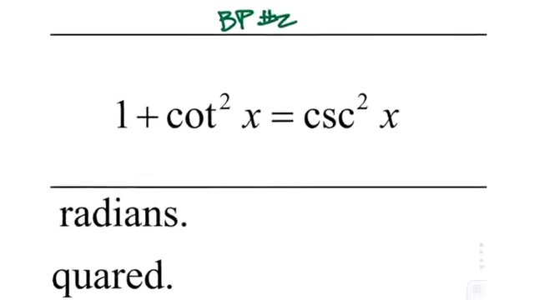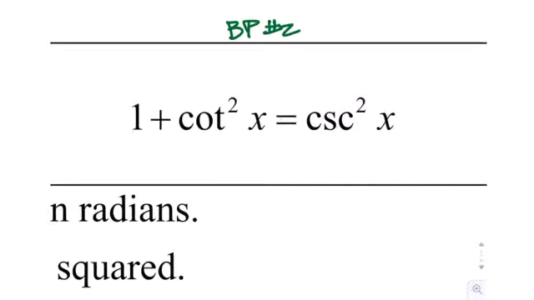But anyway, you should know these PIDs, quote unquote, like the back of your hand, because you don't just need to be able to say 1 plus cotangent squared is cosecant squared. What you need to be able to do is when we're working through a theorem, you have to be like, oh yeah, that is in my mental catalog. I know that this is a possibility of something I can use. And if you don't have it memorized that well, it's not going to be in your mental catalog.